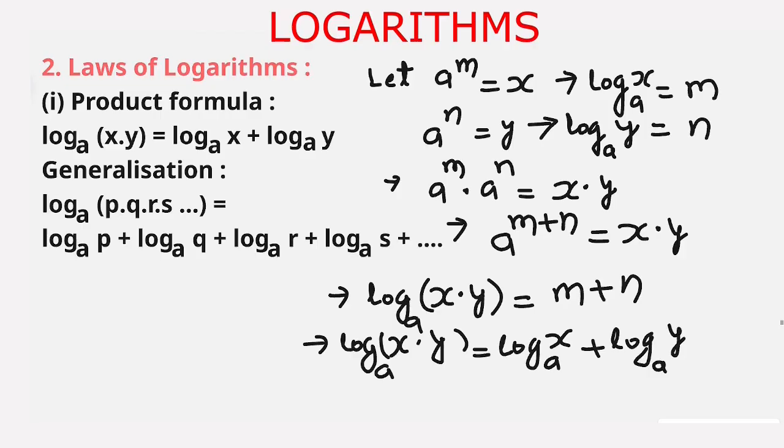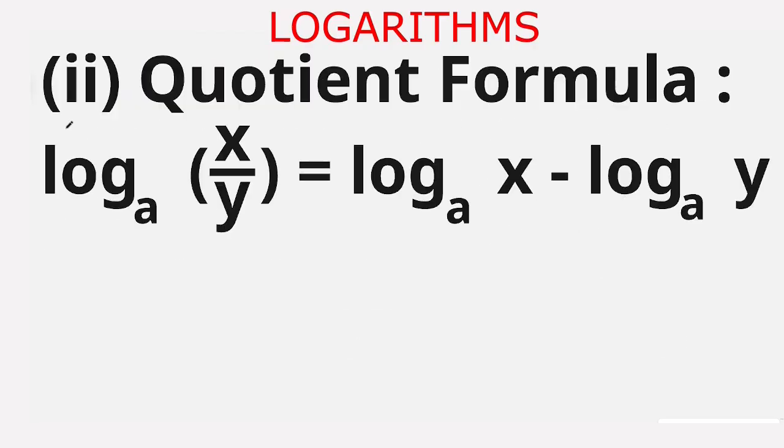This way we have proved the product formula, which is log x into y base A equal to log x base A plus log y base A. We go to the next formula. Part 2, quotient formula.